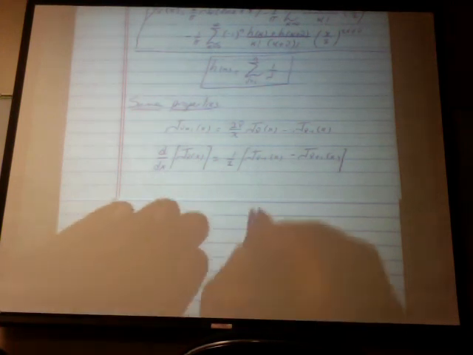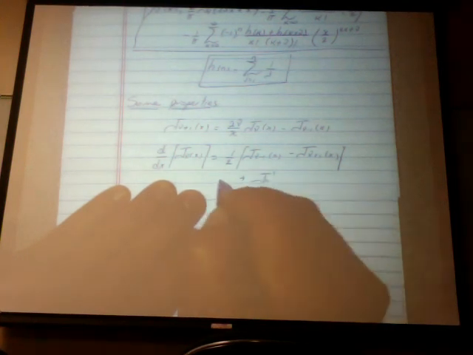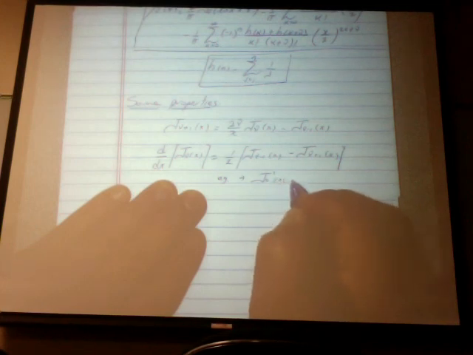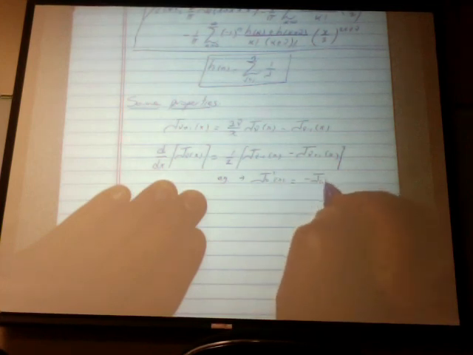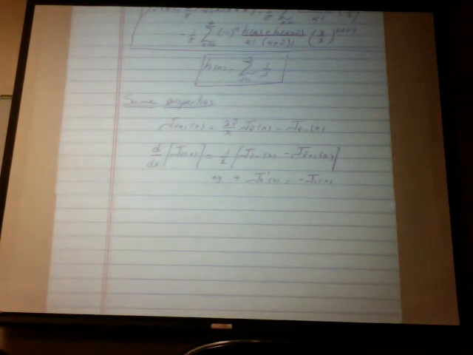Which means that J0 prime, you can use this to say that J0 prime is equal to minus J1 of x. So these are important properties that you might need for the homework, because there's an exercise there where I ask you to show this is the case.